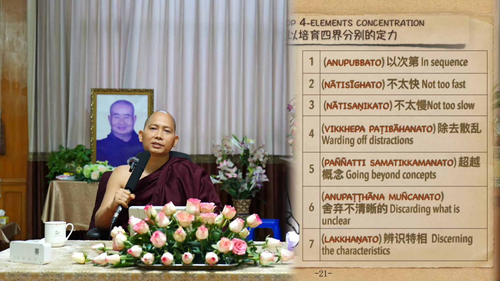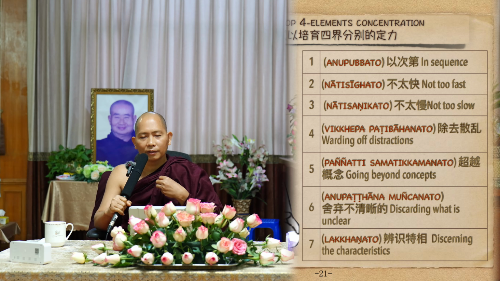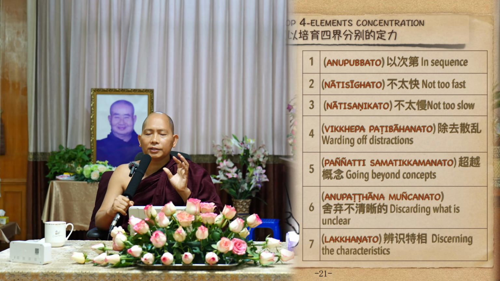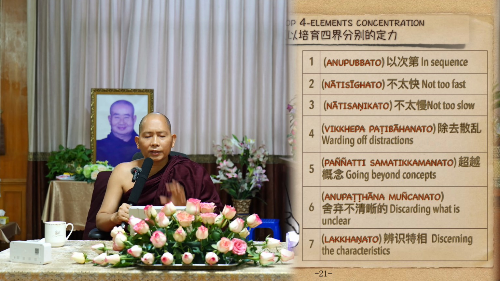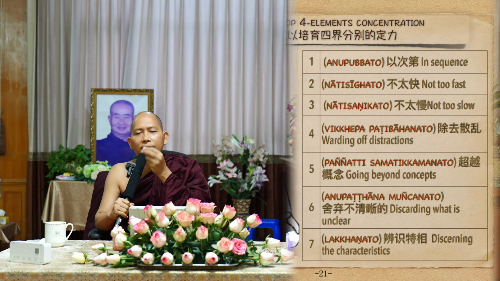Natural characteristics, sabhava lakkhana. Up to position, okay? Up to heat, etc. Then you just pay attention to the respective characteristics. When you are discerning elements, it is also the same way: pay attention to the respective element, not only recitation.